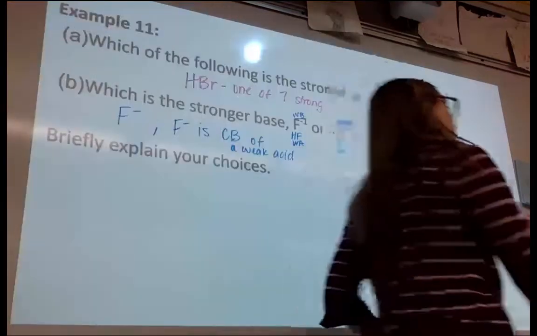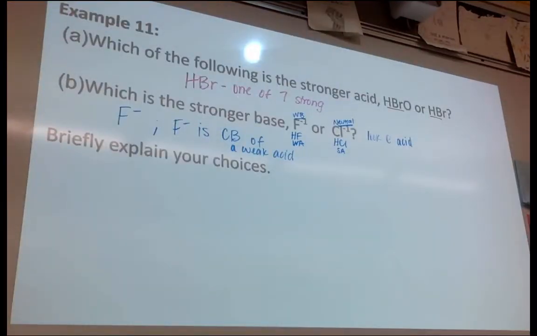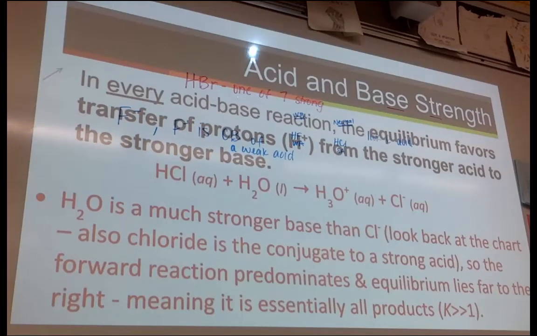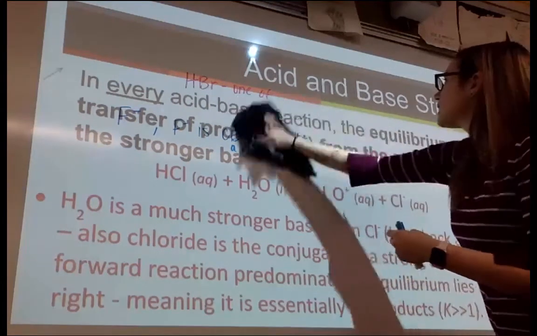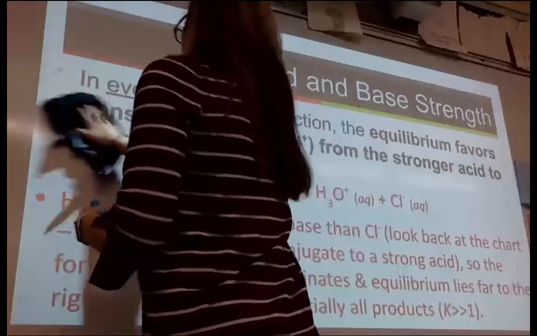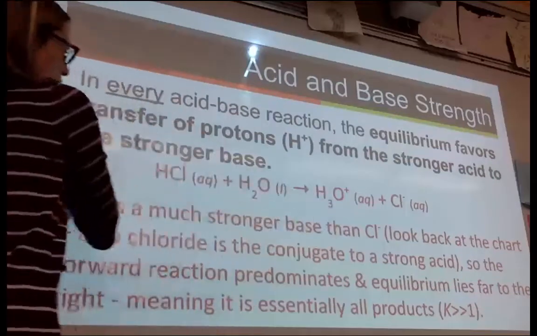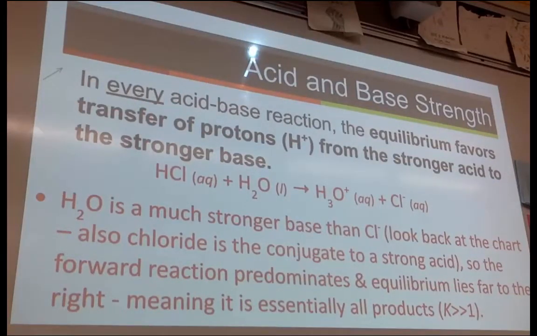Okay, so then we're going to look at example 12. This is the last review conceptual example from yesterday. I want to look at this again because I want to hit this a few times when we're looking at equilibrium. In every acid-base reaction, remember, an acid-base reaction deals with transferring protons, equilibrium favors transferring the proton from the stronger acid to the stronger base.